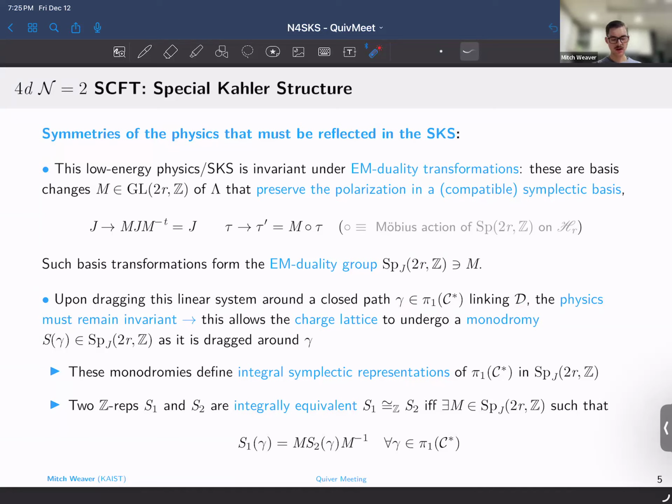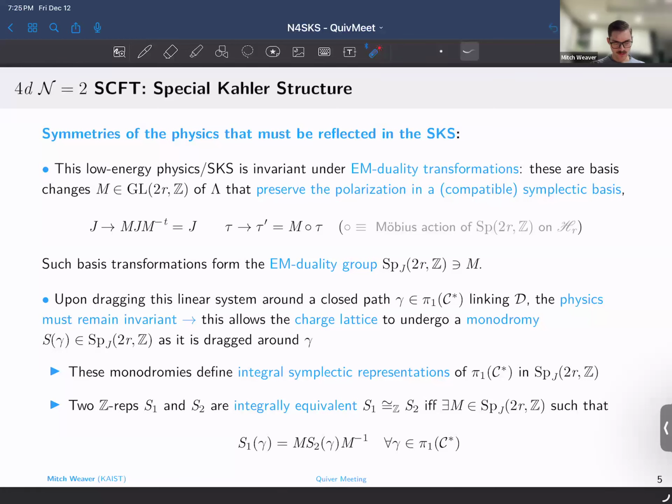But this allows the charge lattice to undergo a monodromy, which I'm calling S_gamma here, and because the physics must remain invariant, it must be an element of the EM duality group, which is what I'm saying here. And so what you learn from this is that the monodromies define integral symplectic representations of the fundamental group of C star.